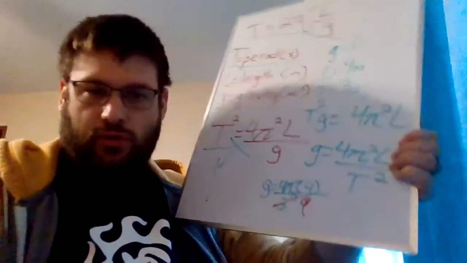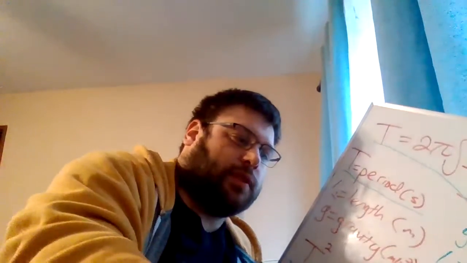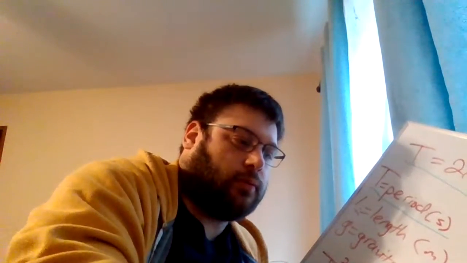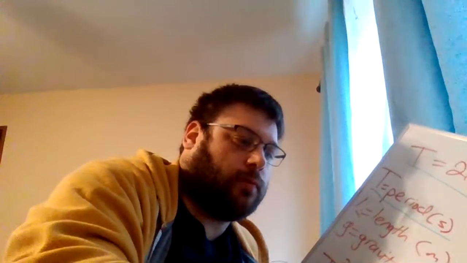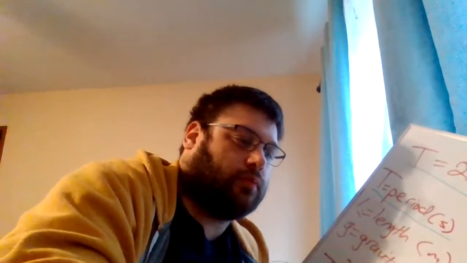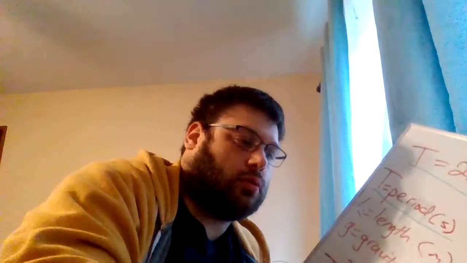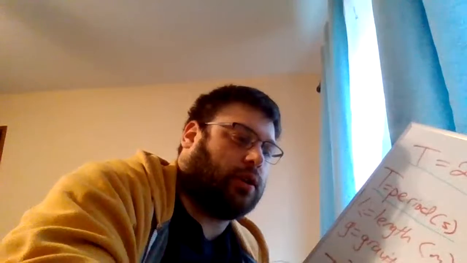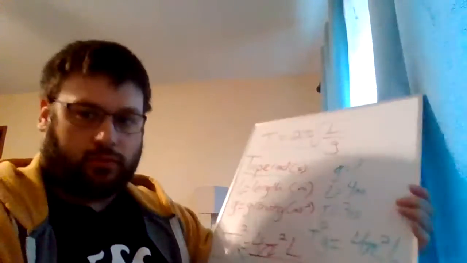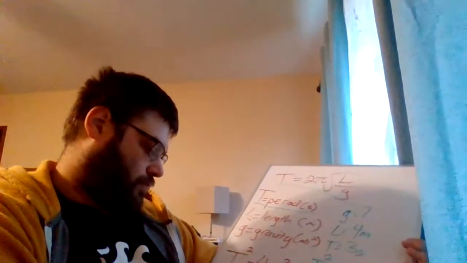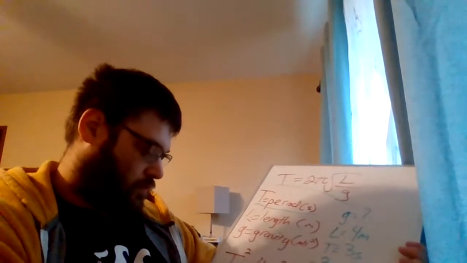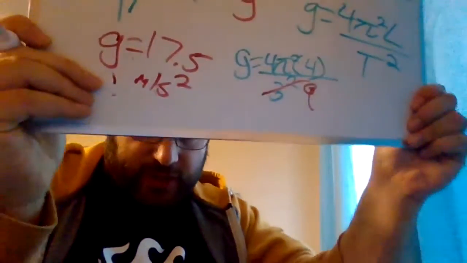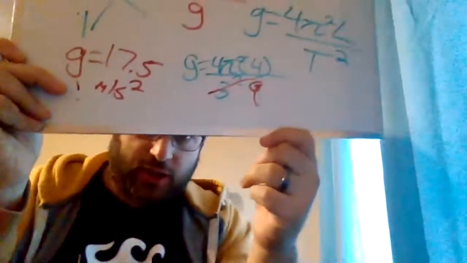And if you do this math, let me just pull up my calculator. 16 times 3.14 times 3.14, divided by 9. I'm getting the gravity of 17.5 meters per second squared when I plug in those numbers.